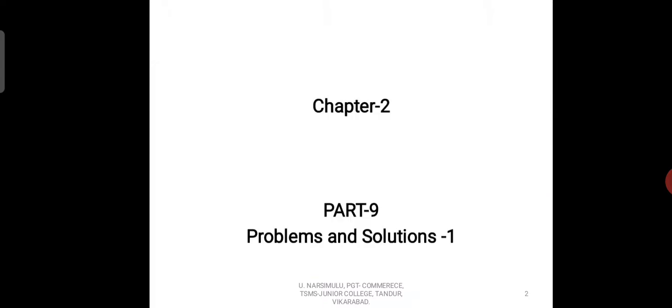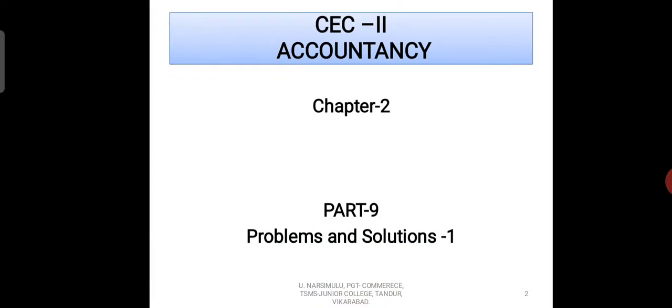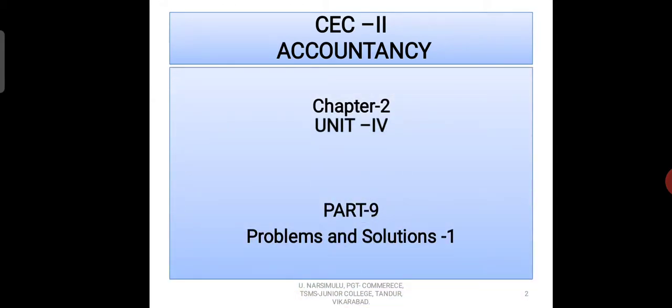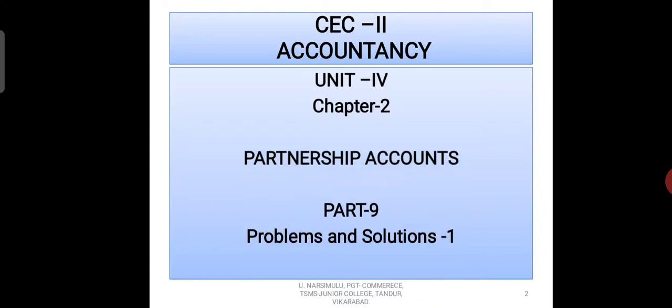In this video, I am going to teach you CEC second year accountancy, Unit 4, Chapter 2, Partnership Accounts, Admission of a New Partner, Part 9, Problems and Solution number 1.